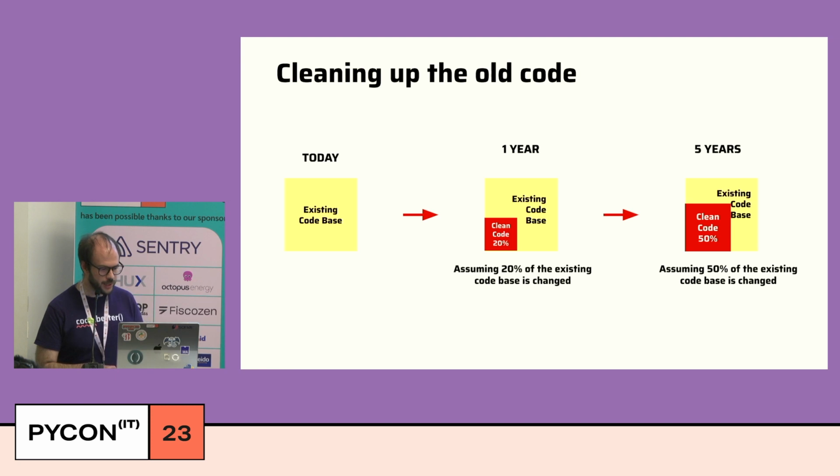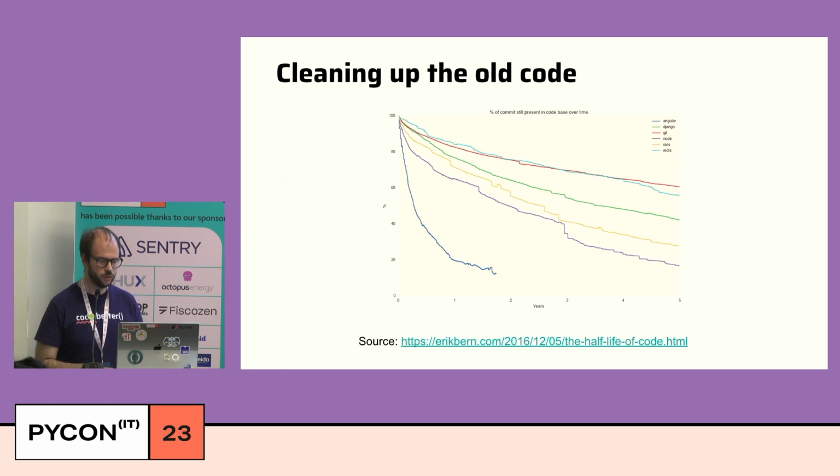If you think that I made up these numbers, you might be right. However, you might be interested in this article from Eric Bernhardsson. He built a tool to understand the percentage of commits that are modified or still present in a code base.